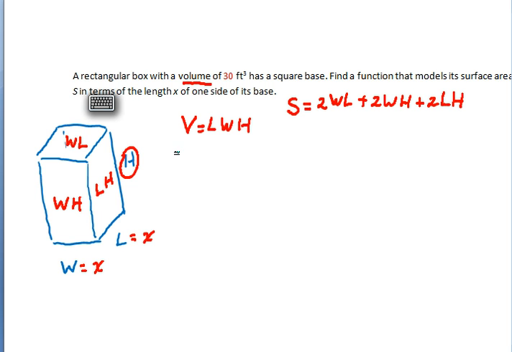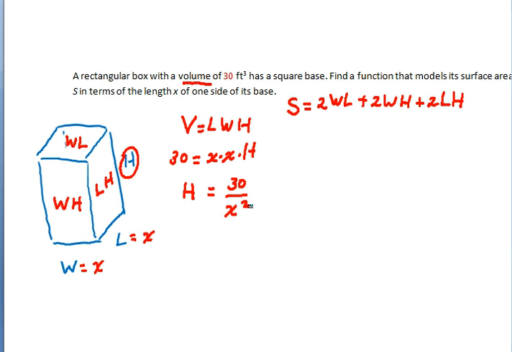So I can substitute 30 for the volume, x for L, x for W, times h. And by dividing by x squared, I get h equals 30 divided by x squared.